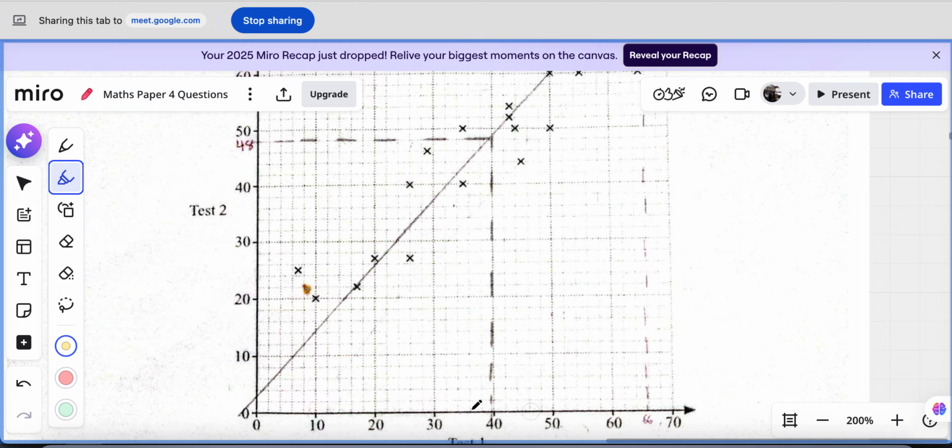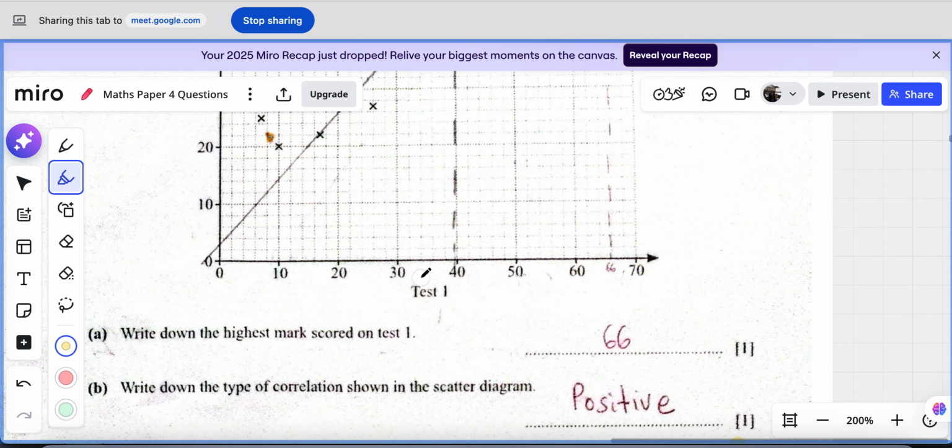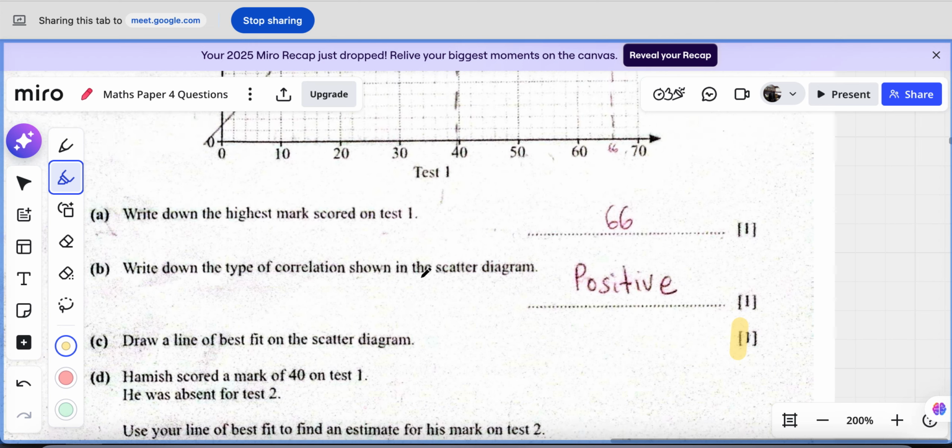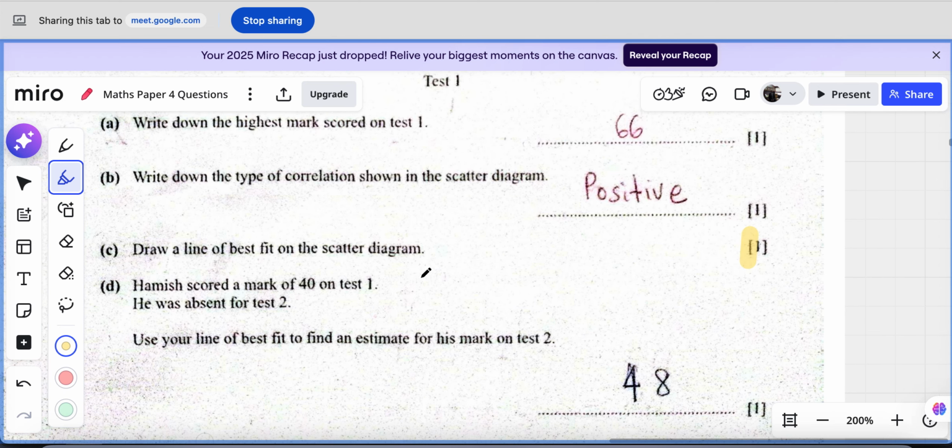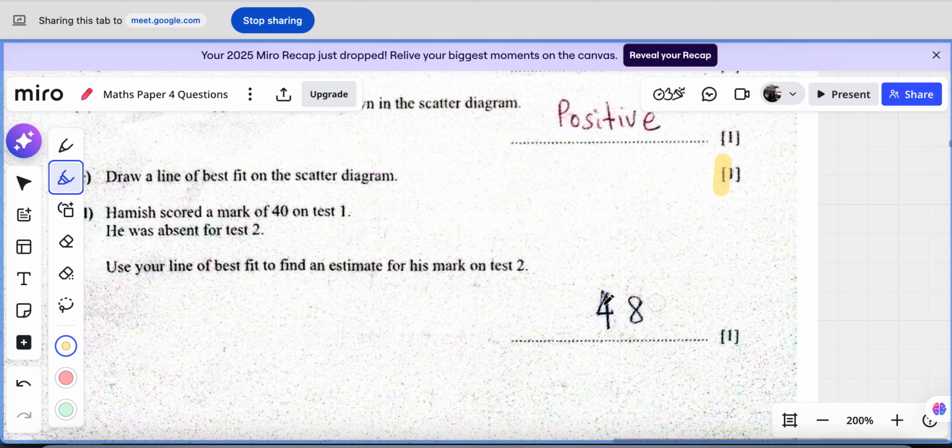You trace 40 to your line of best fit, and then you trace it to the test 2 side, and we got 48. Meaning if he had done test 2, approximately on an estimate, he would have gotten 48 based on what he got in test 1. Okay, so that's that for that question.